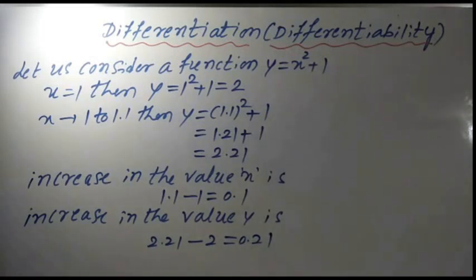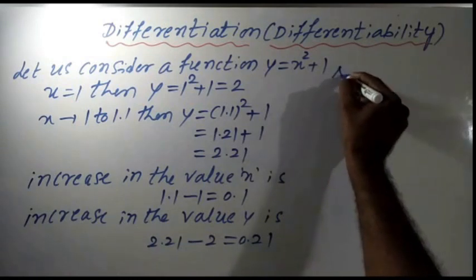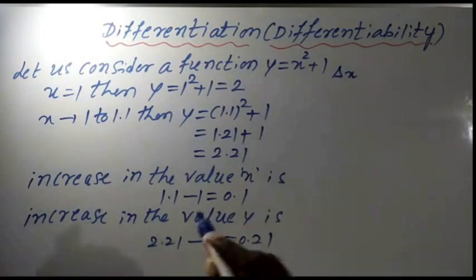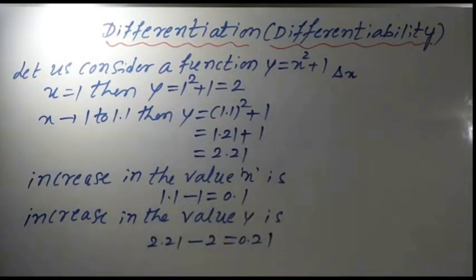These small changes in both x and y are called increments. The increment in x is denoted by delta x. Here the increase in the value of x is 1.1 minus 1 is equal to 0.1.